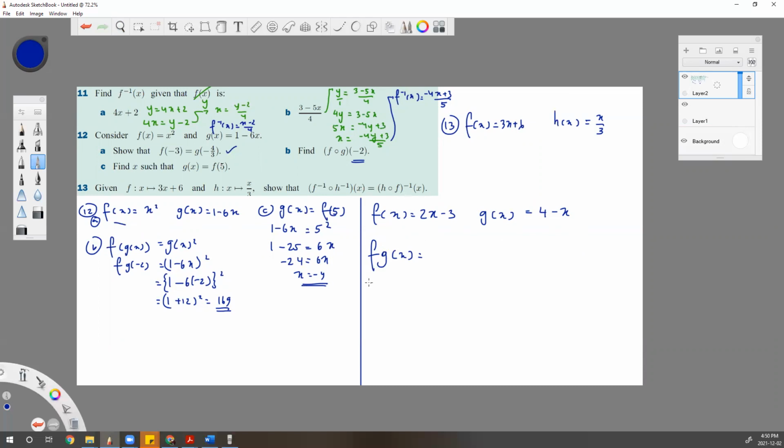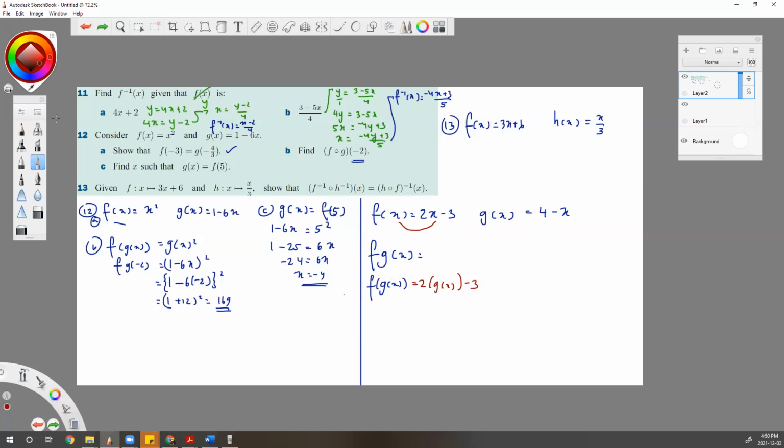So if I have f(x) equals 2x minus 3, so fg(x) is 2g(x) minus 3. Get it, Vicky? Yes. X becomes g(x) in this part.